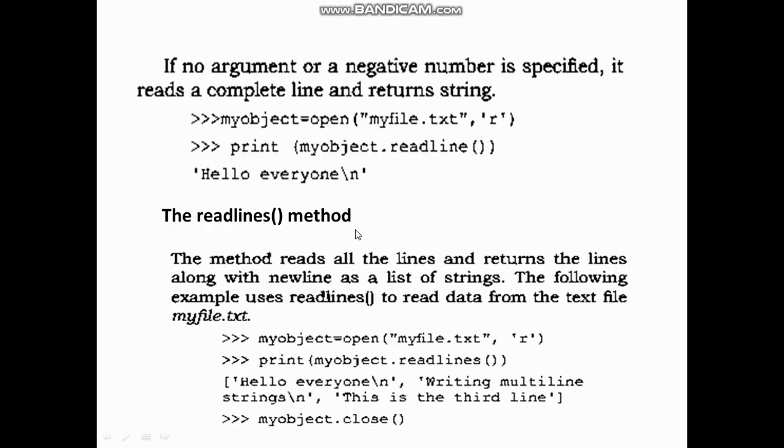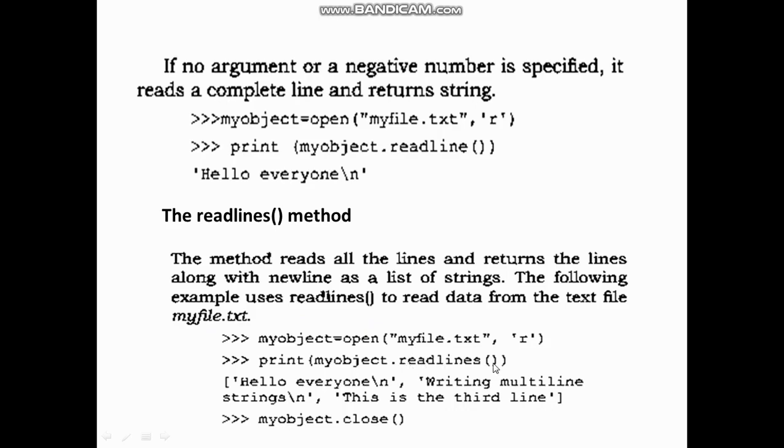What about the readlines method? This method reads all the lines and returns the lines along with newlines as a list of strings. The following example uses the readlines method to read data from a text file, myfile, which we explained so far. Now we are opening a file for reading purposes.